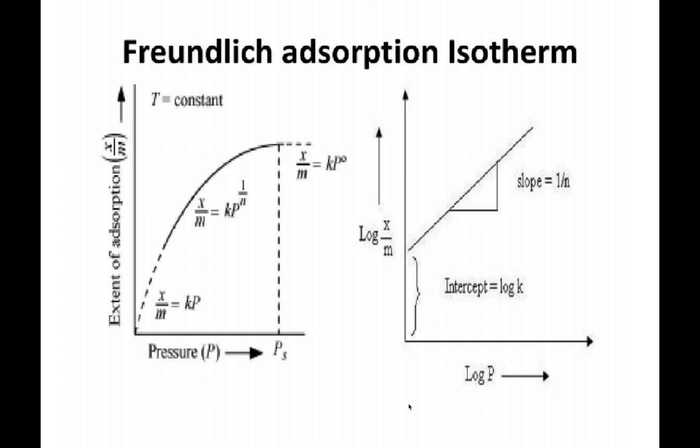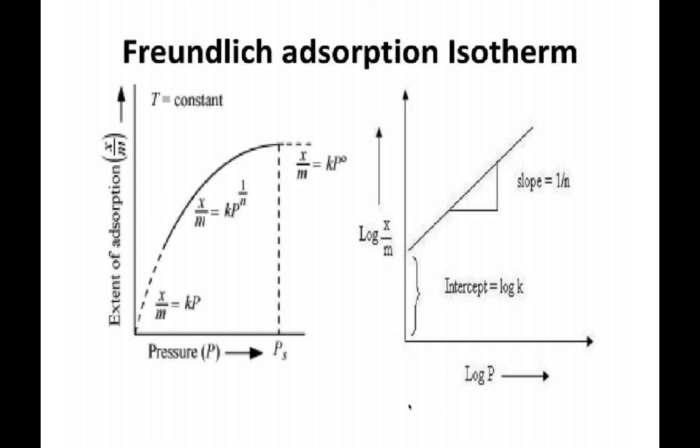The second graph shows log p on the x-axis and log x by m on the y-axis. You can see the slope 1 by n, and the isotherm explains the behavior of adsorption in an appropriate manner. As I already said, the factor 1 by n can have values between 0 and 1.